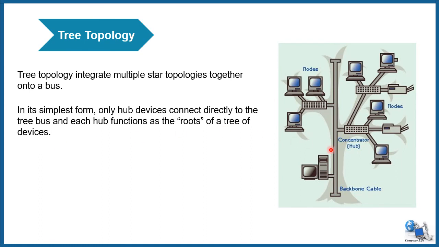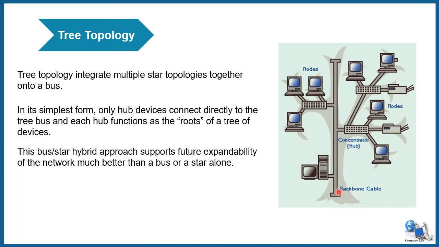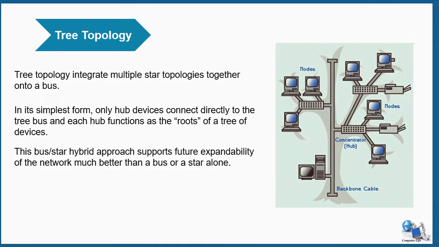As you can see in the diagram, it looks like a tree where all the star topologies are connected with a central backbone to make it work efficiently. This bus-star hybrid approach supports future expandability of the network much better than a bus or a star alone.